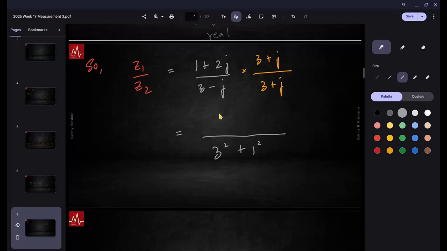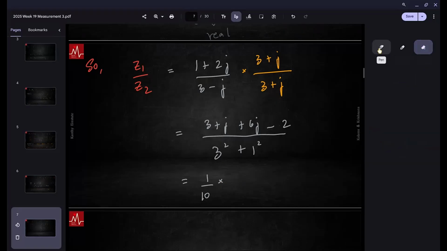And then what is the numerator? Can you tell me what the numerator is? Same thing works. 3 plus j plus 6j minus 2. This is 1 by 10 into, can we simplify this, 1 plus 7j?